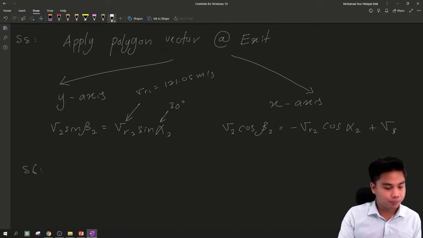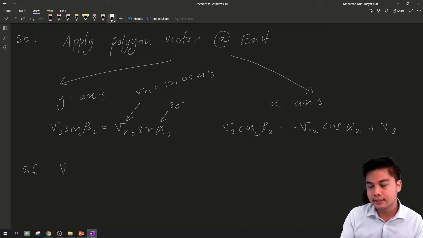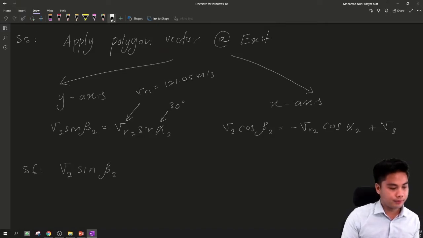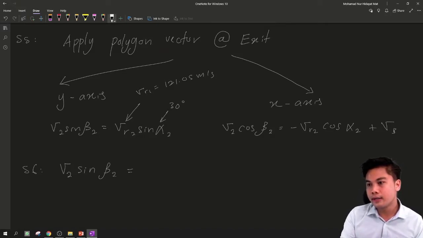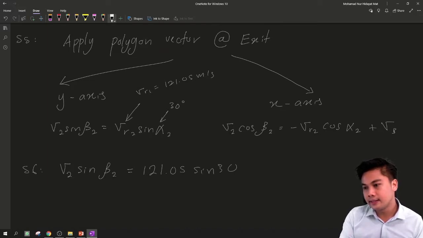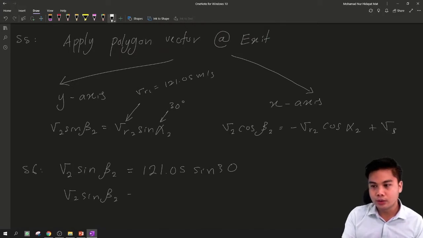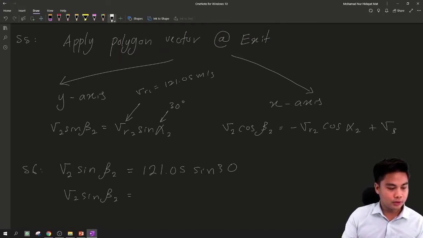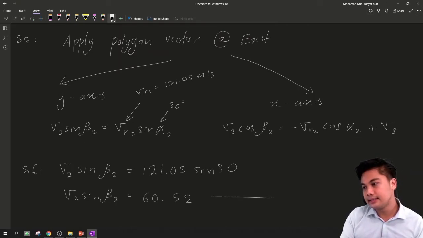We don't have V2 and beta 2, but we have VR2 and alpha 2. VR2 equal to VR1, just substitute here: 121.05 sine 30. So you will get V2 sine beta 2 equal to 60.52. Let's say this is equation number 3.